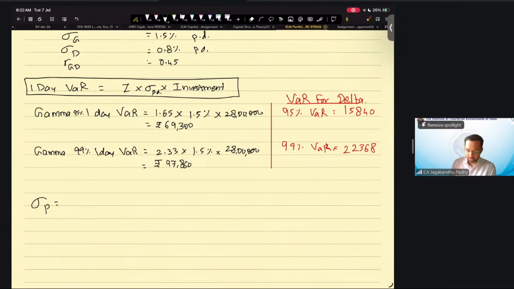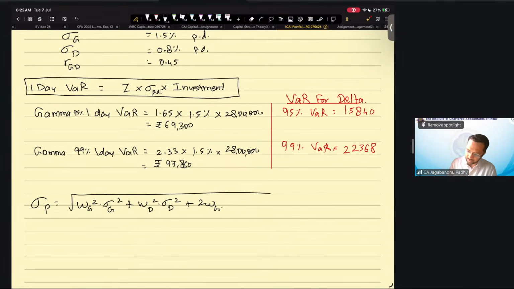Standard deviation of portfolio will be the square root of weight of gamma square into standard deviation of gamma square, plus weight of delta square into standard deviation of delta square, plus 2 into weight of gamma into weight of delta, into standard deviation of gamma, standard deviation of delta, and then correlation between gamma and delta.